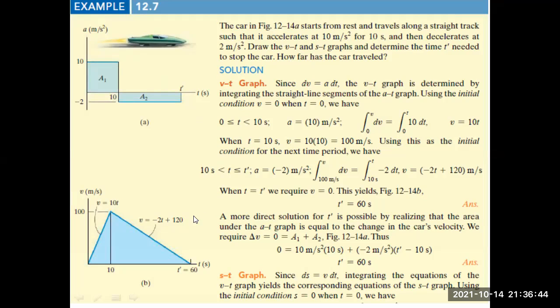Integrate. Who was this? Abdullah. Why do we integrate? Why don't you differentiate? Because definition of A is what? dv over dt is equal to A. Change of velocity with respect to time is equal to acceleration.